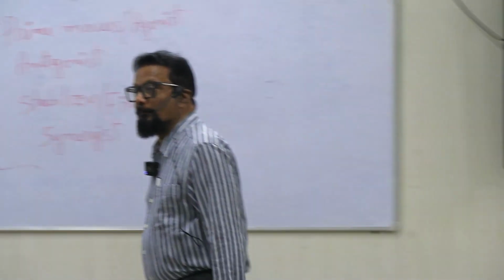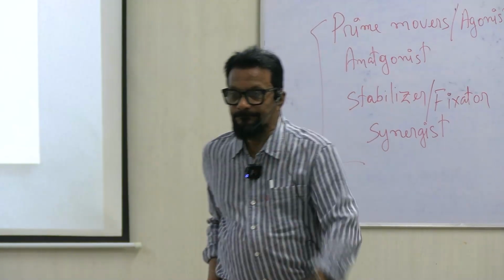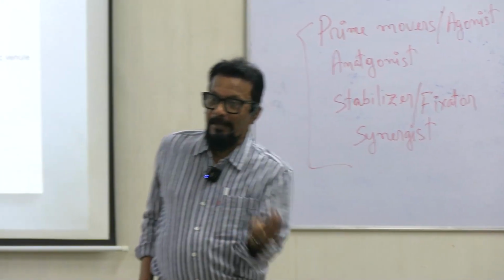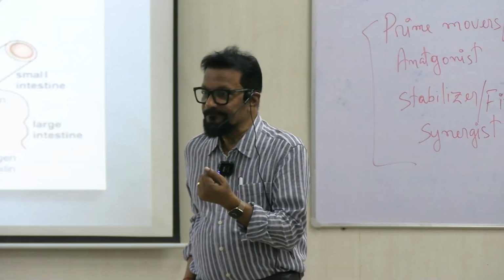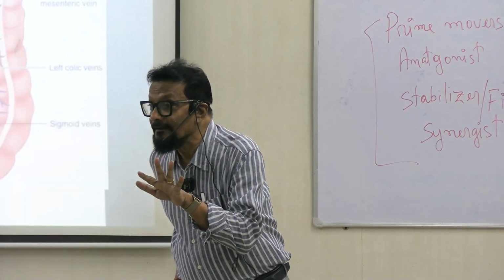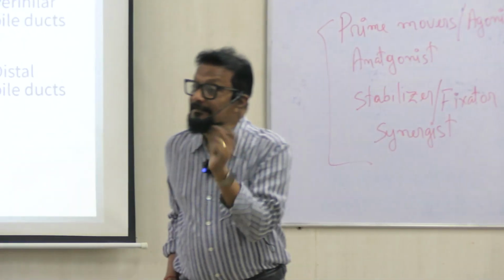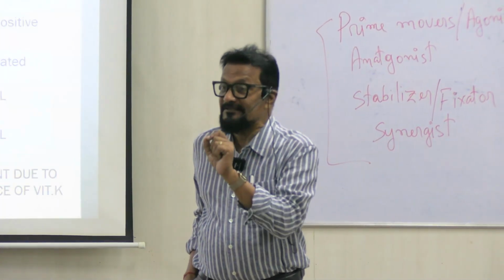So what is the source of bilirubin? Where from is bilirubin derived? It is derived from hemolysis of RBC.